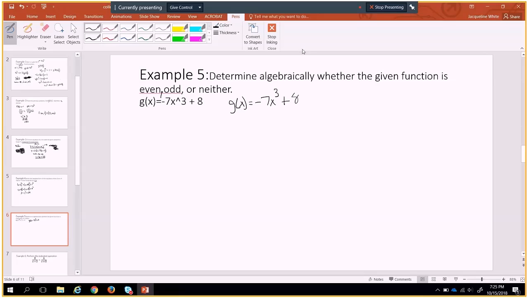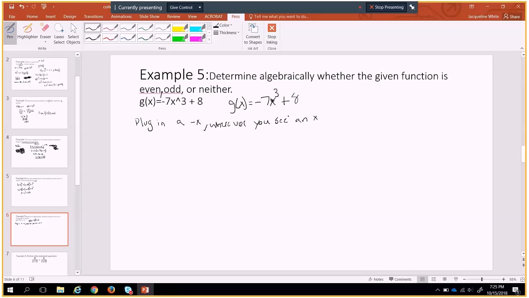All right. For this type of problem, I just like to plug in a negative x wherever you see an x.